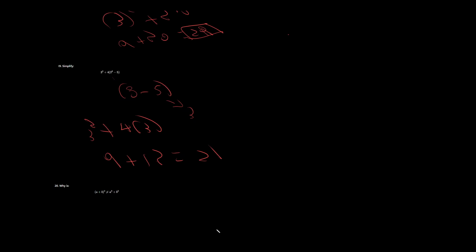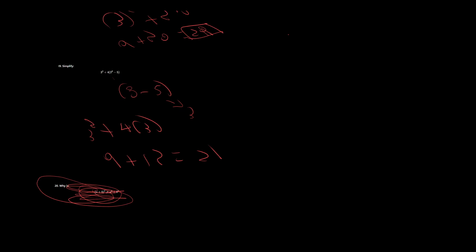I'm not even going to talk about that because we're far away from that. That's one of the last units. Just know that a plus b, all of that squared, is not equal to a squared plus b squared. But please don't actually try to prove that.